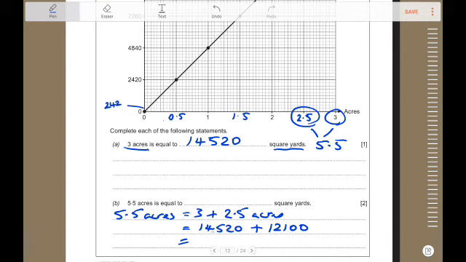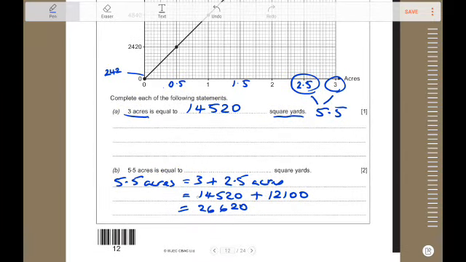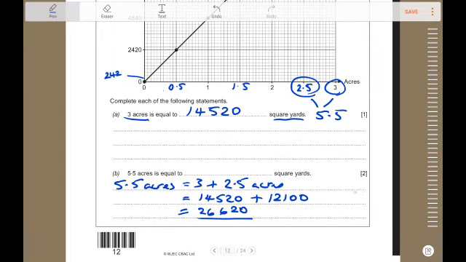And if you need to, just do that on the side with columns just to make sure you don't make a mistake, it's non-calc, then do so. I'm going to just put that there and then write my answer in there so it's clear for the examiner to see, because there's a space for our answer, so let's use it.